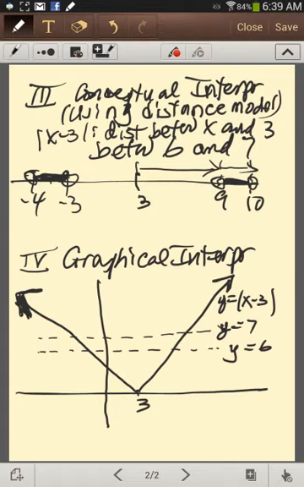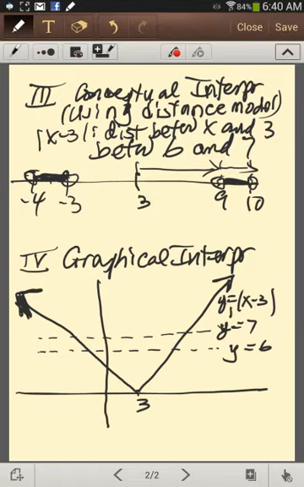Moving on to a graphical interpretation, which we all know is very powerful for Algebra 2 students and above. The original inequality can be interpreted in terms of 3 different functions.